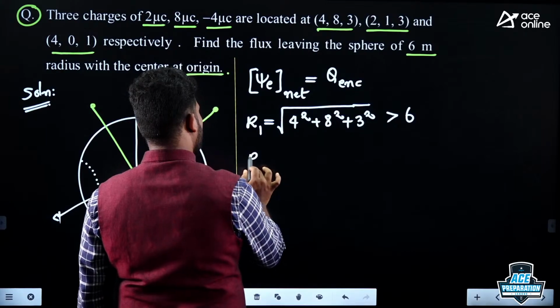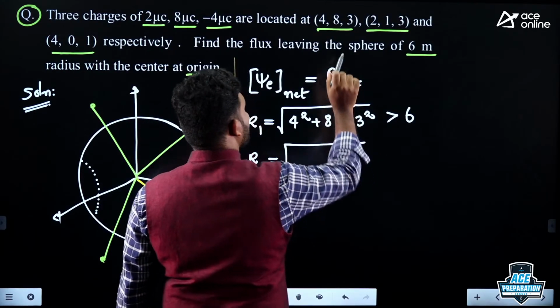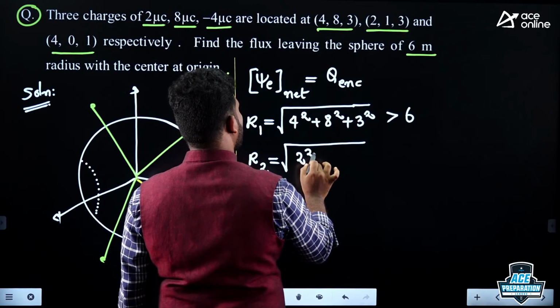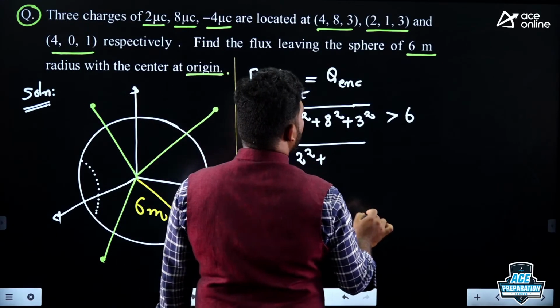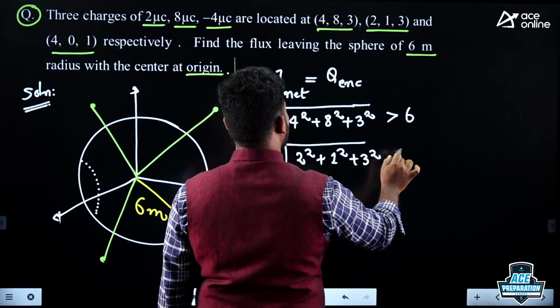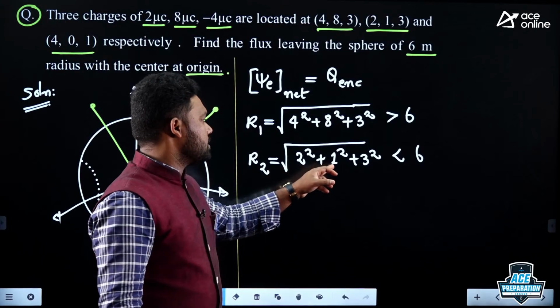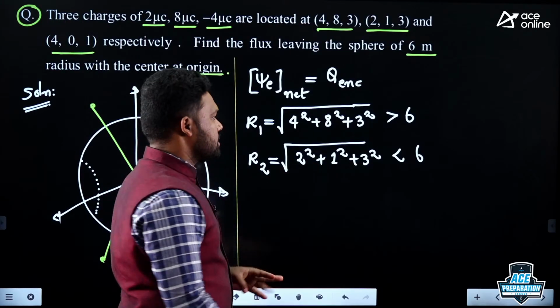Next, R2 is equal to square root of (2 minus 0) squared plus (1 minus 0) squared plus (3 minus 0) squared, which is less than 6. You can check this value. It is 4 plus 1 plus 9, less than 6.